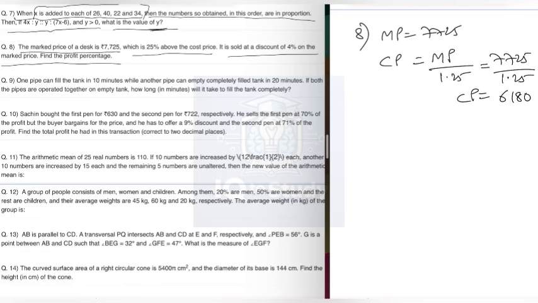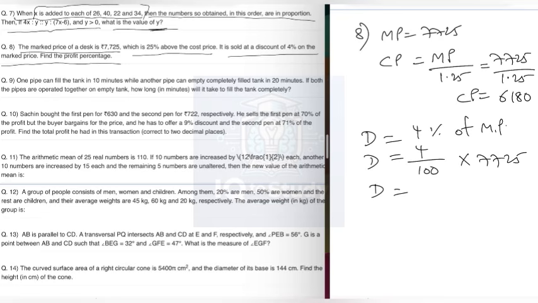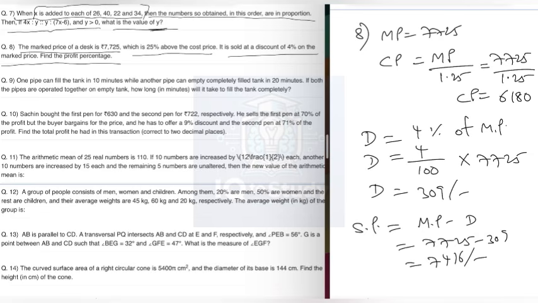and it is sold at a discount of 4% on the market price. 4 by 100 into 7,725, which is equal to 309 rupees. From this we can find selling price easily. Selling price is market price minus discount, which means 7,725 minus 309, that is 7,416 rupees.